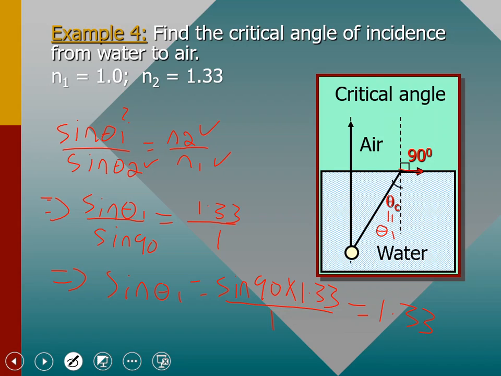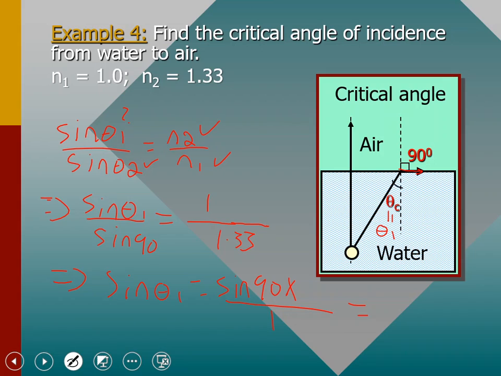Sorry, there's a simple mistake. I reverted these two, no problem. So N2 here is 1 and N1 is 1.33.